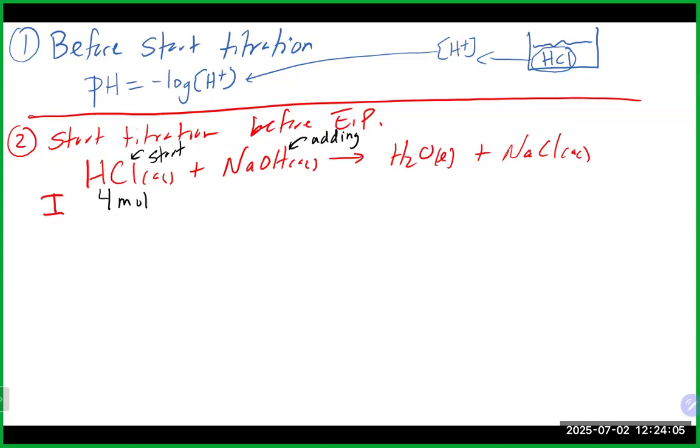Now, because I am before the equivalence point, should the moles of my sodium hydroxide, which I am adding, be less than, equal to, or greater than the moles of the acid I started with? What do you think? I know at the equivalence point, the moles of acid equal the moles of base, which means that if I'm before that point, I have fewer moles of the base than of the acid.